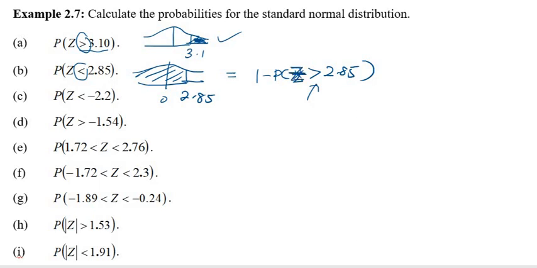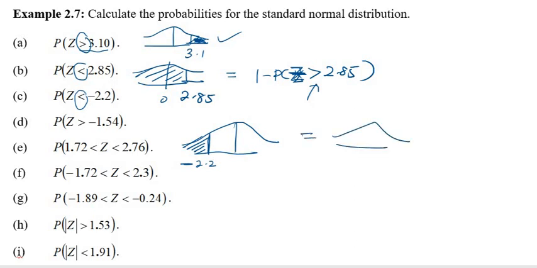And then for this one, negative 2.2. Negative is here on the left hand side, so 2.2, and the sign is less than, so you shade on the left hand side. This one we don't have the value in the Modox table, but we know that it is symmetric, right?